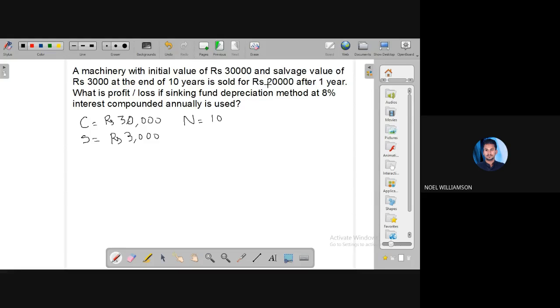It is sold for 20,000, so the selling price is given as rupees 20,000.